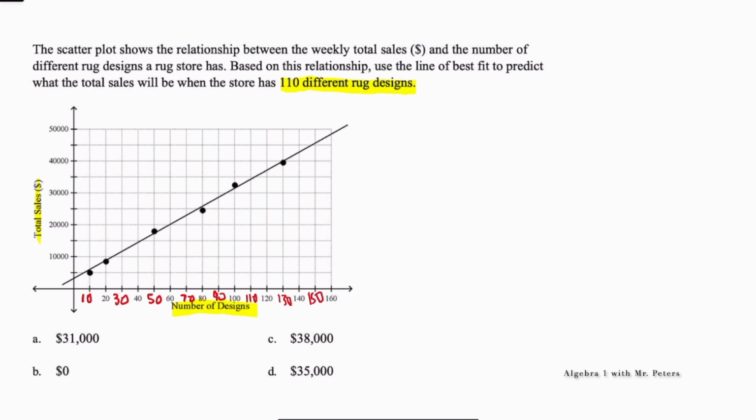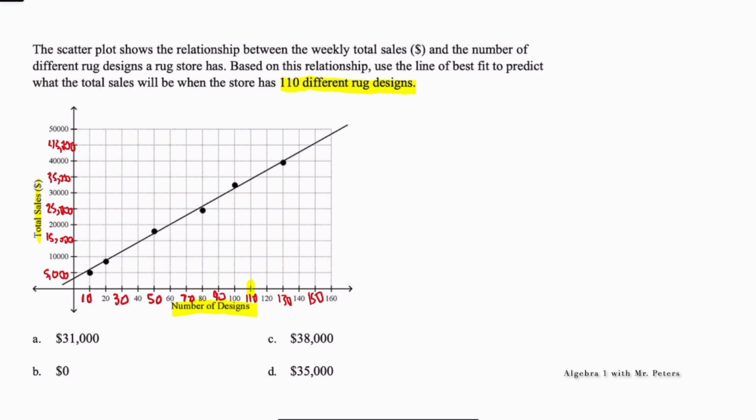And when we look at the y-axis, it's labeled by 5,000. So we have 5,000, we fill in 15,000, 25,000, 35,000, and 45,000. You don't have to fill it in, but you do have to take it into account. So basically what they're asking us is, how much money, or what is a close estimation, if we sell over 110 rug designs?